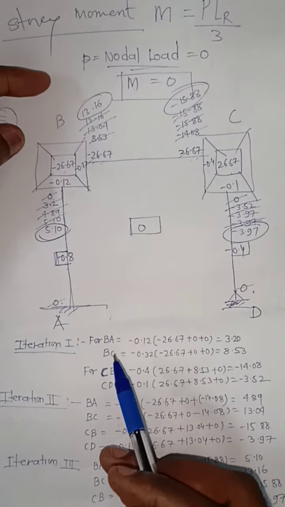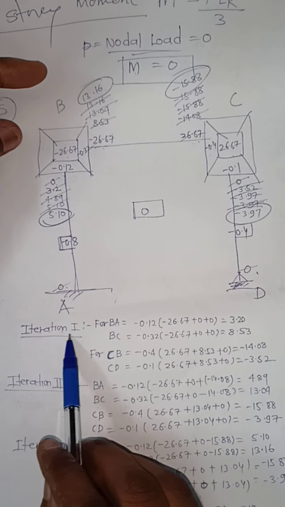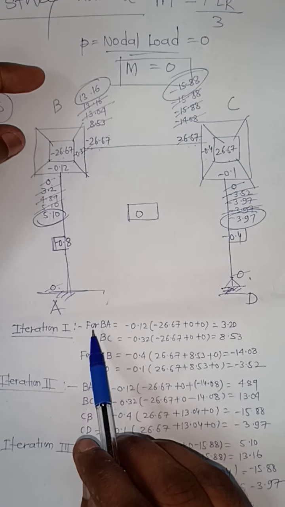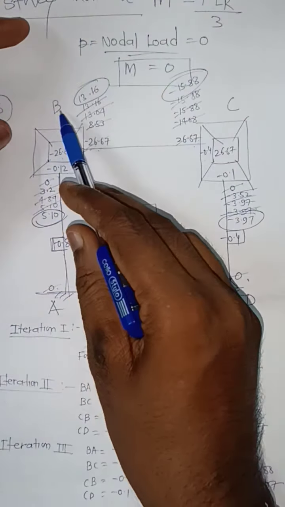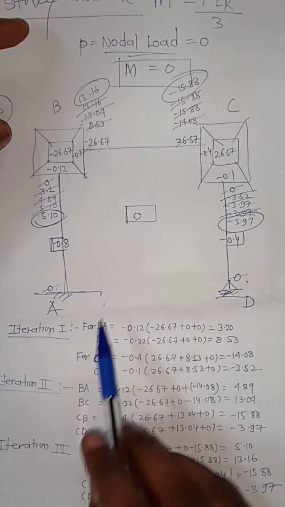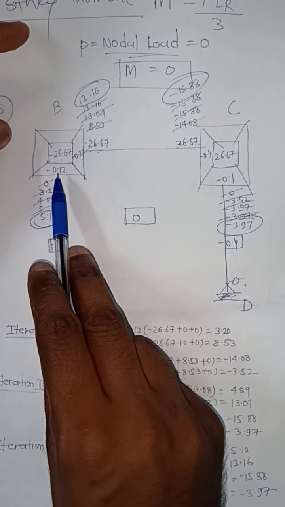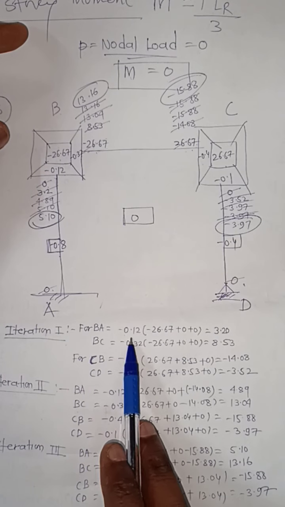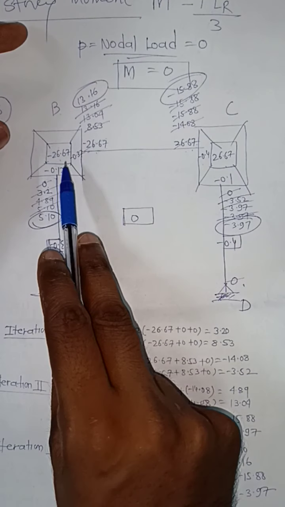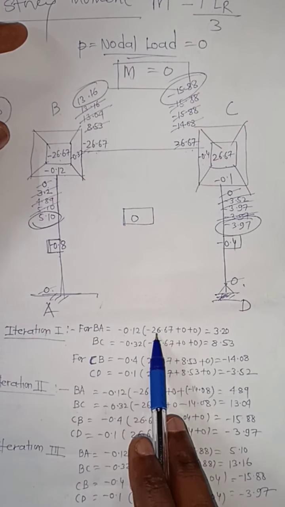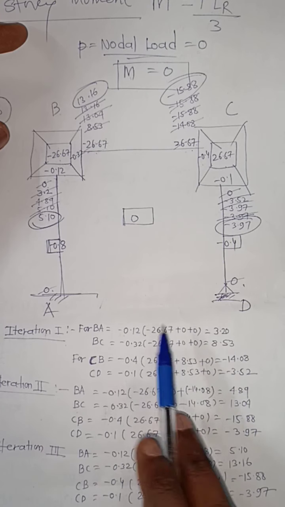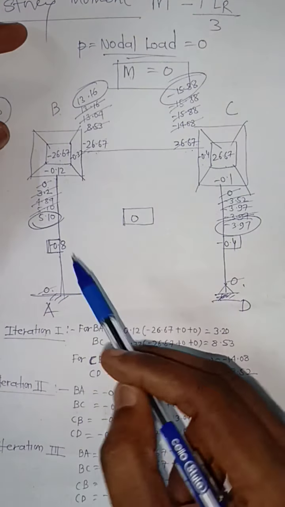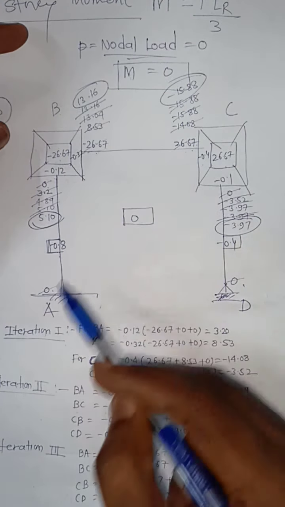Now the iteration process is done. In iteration number 1, let us consider the BA value. For BA, first of all we write minus 0.12. Then under this central value we write minus 26.67 plus, as it is the first iteration, the assumption is that the far end value must be equal to 0. So it will be considered as 0.